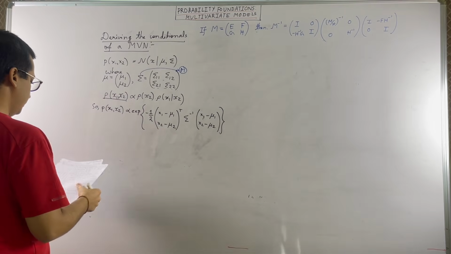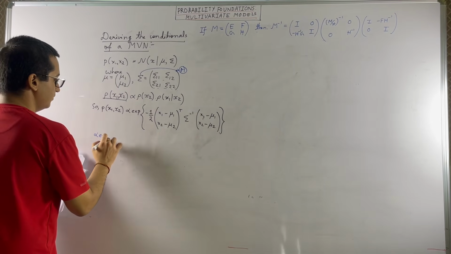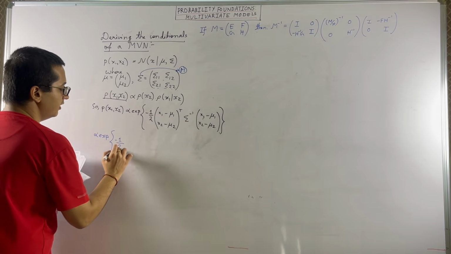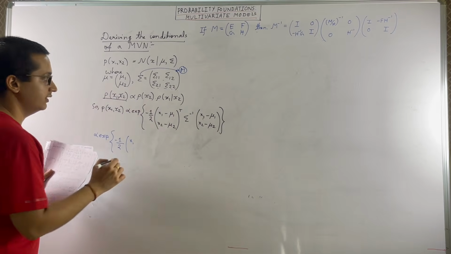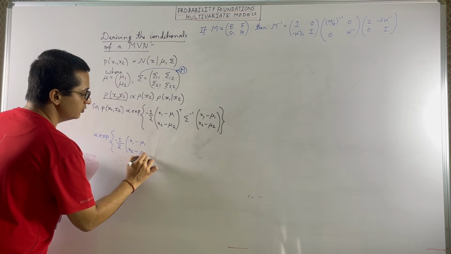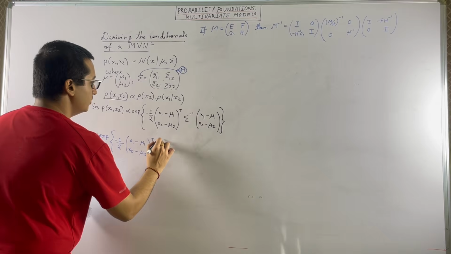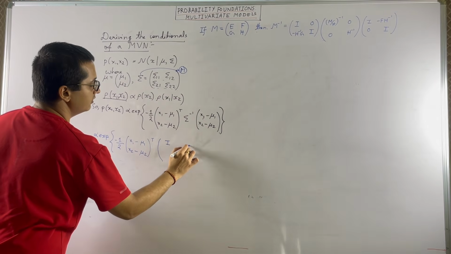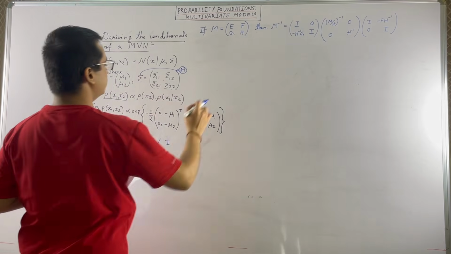So this is proportional to exponential of minus half. Now look very carefully, see the structure, x1 minus mu1, x2 minus mu2, transpose. First we have I, 0 and I. So what is minus H inverse G?